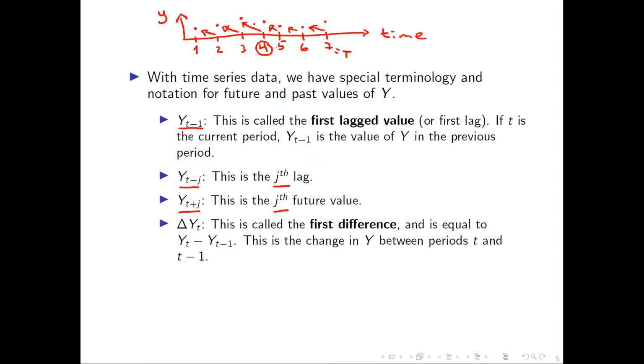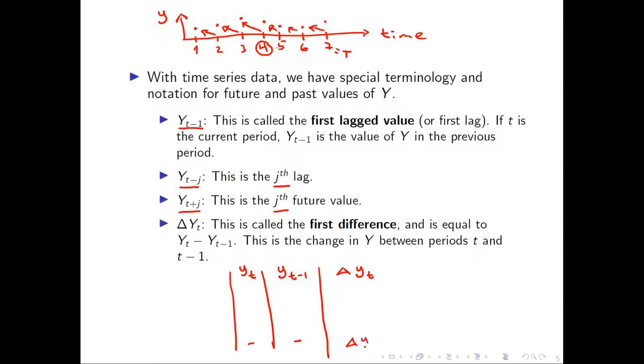And what you can do is, if you have this data structure of yt and the lagged value, then you can create the first difference, which is just the values subtracted, or the difference.